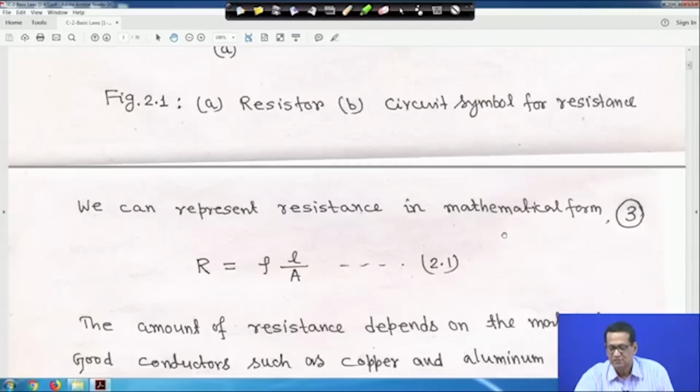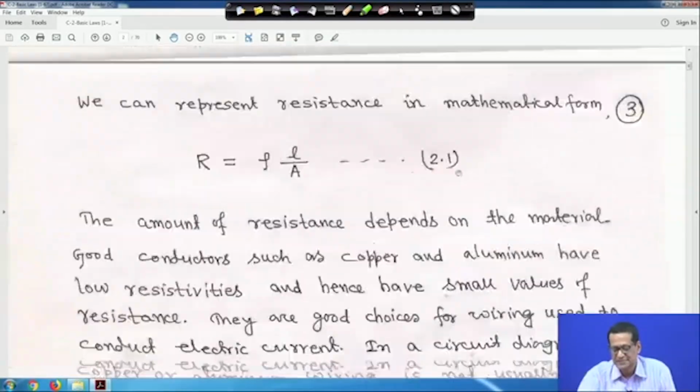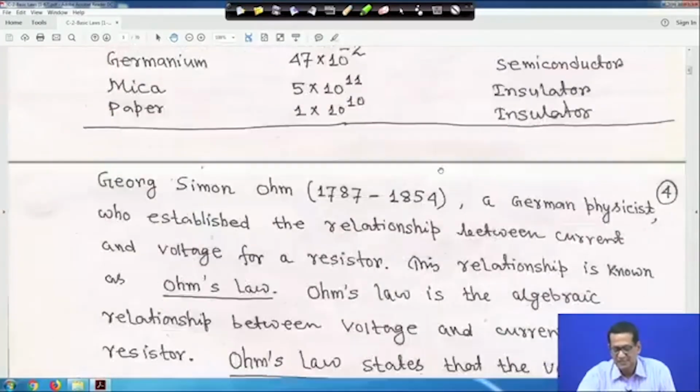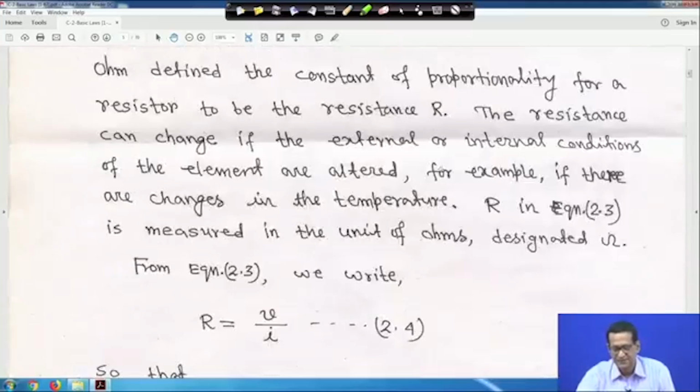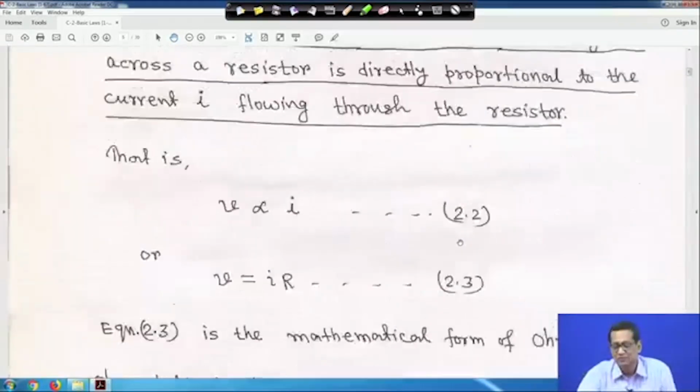It is showing current plus I this way, from higher potential to lower potential. So, if the current flows from a higher potential to lower potential, V is equal to IR, but if current flows from a lower potential to higher potential, V will be equal to minus IR.